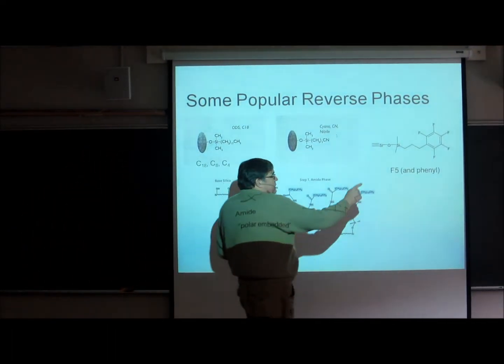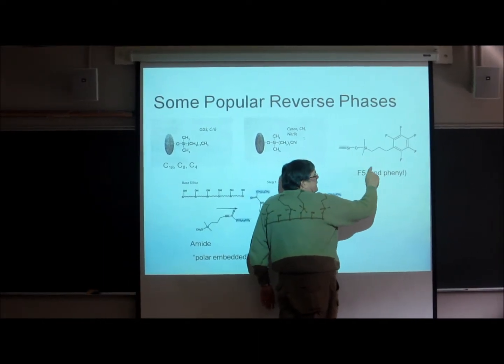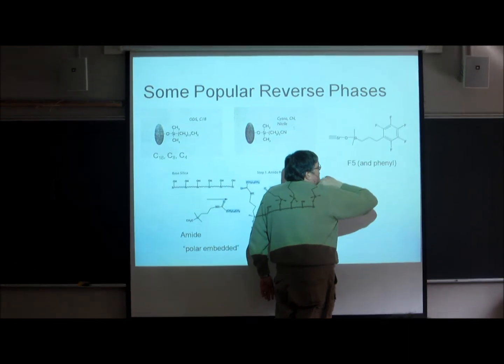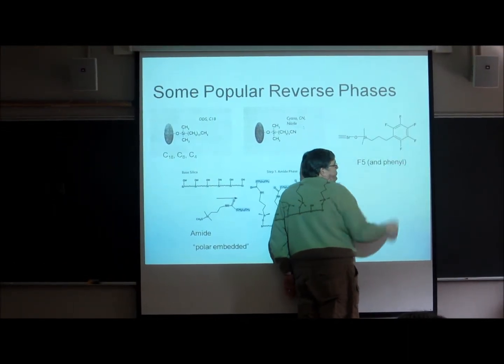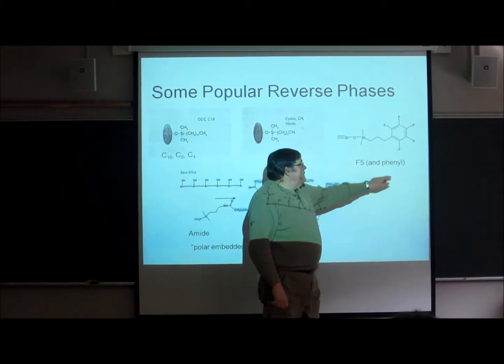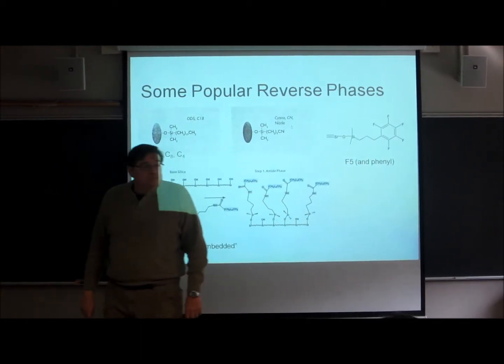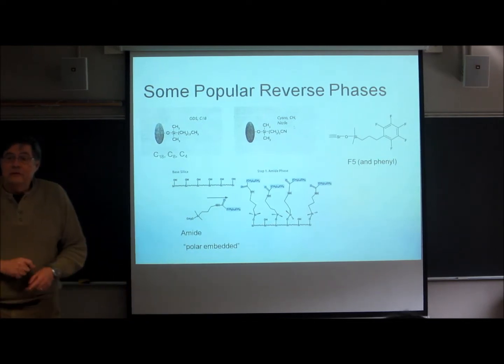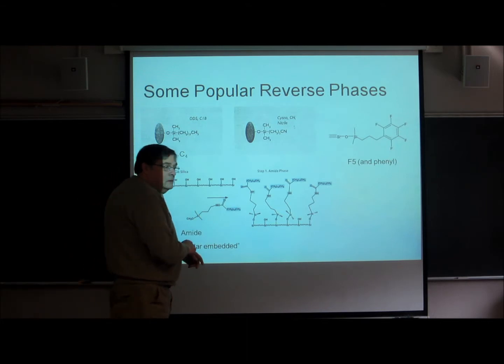Here's another, actually there are 2 packings. Since there's limited space, I only showed you the F5 compound. And you can also remove all the fluorines if you want to, and start with a benzene ring. And these compounds are a little more selective toward aromatic compounds. More selective. They are a little bit fragile.